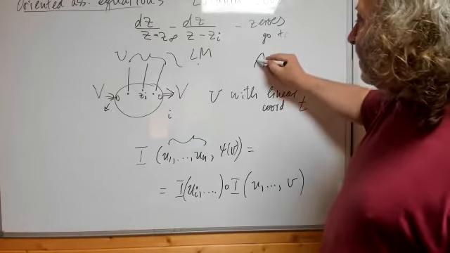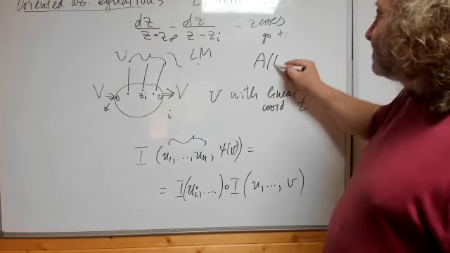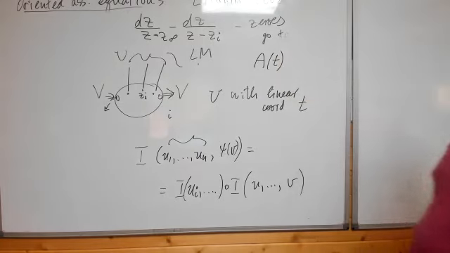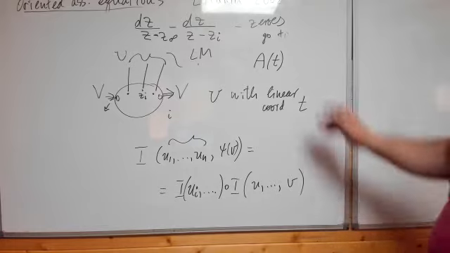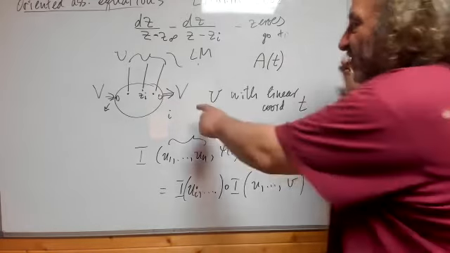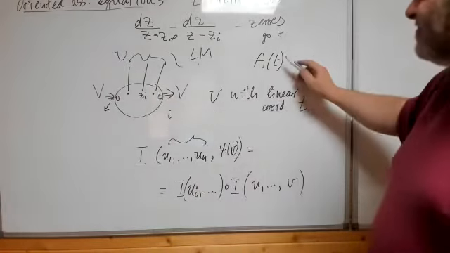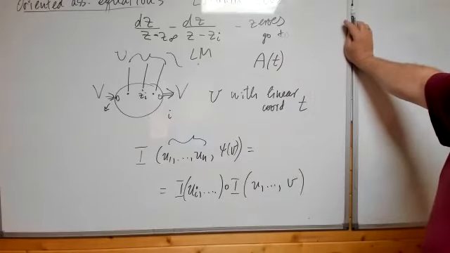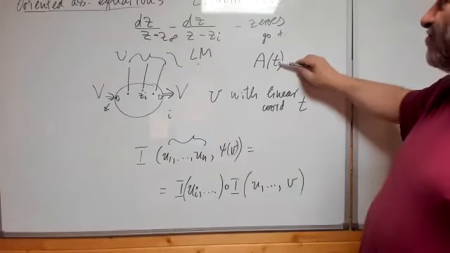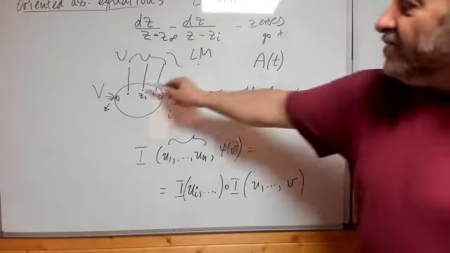Remember that we had A of t. It's an operator from V to V whose Taylor coefficients in t were these operations.